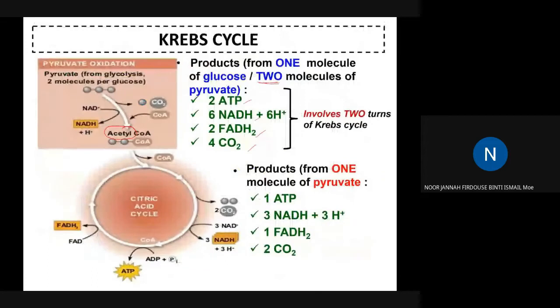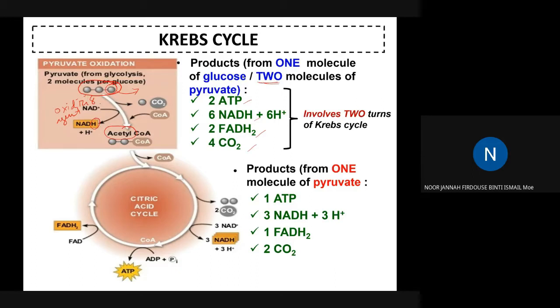Oxidative decarboxylation occurs first. The pyruvate enters the mitochondria, and then it loses carbon dioxide. One molecule will be released from the pyruvate, during which the NAD plus as the coenzyme will act as oxidizing agent, by receiving hydrogen molecule from the pyruvate.